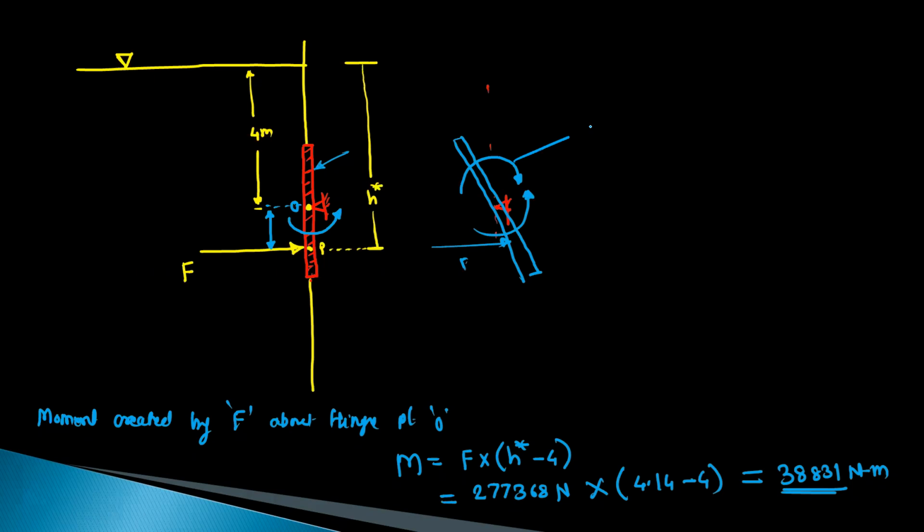This clockwise moment must have the same value as the external moment, just the direction is clockwise. So your answer, the torque required, is 38,831 Newton meter in the clockwise direction about the horizontal diameter, or about the O point. That is your final answer.